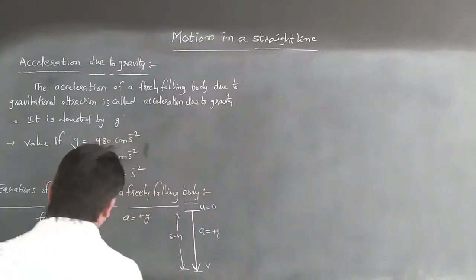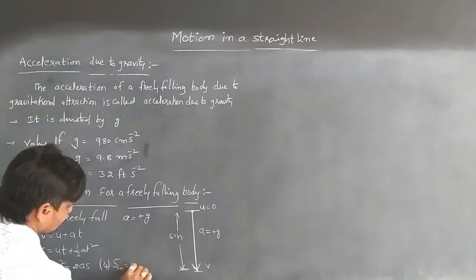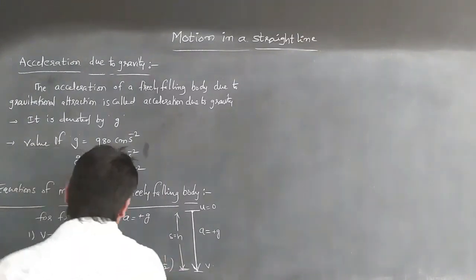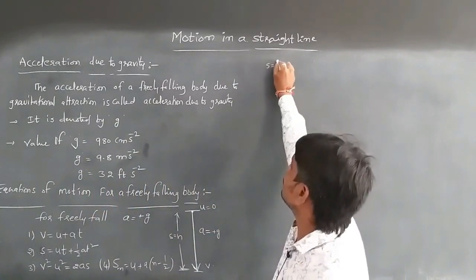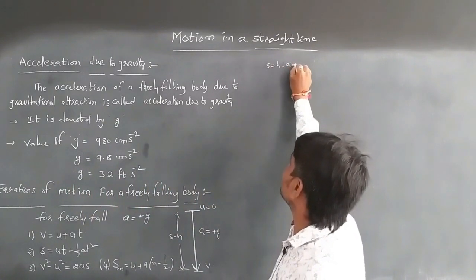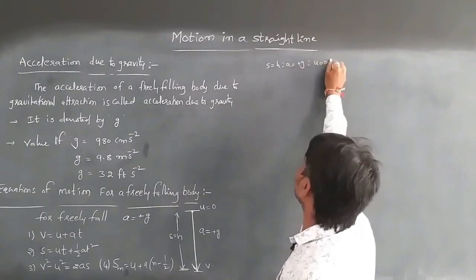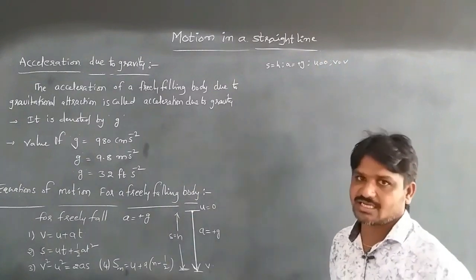The fourth one is Sn is equal to u plus a of n minus 1 by 2. So these equations can be changed as s is equal to h, a is equal to plus g, initial velocity u is equal to 0, and the final velocity is considered as v.